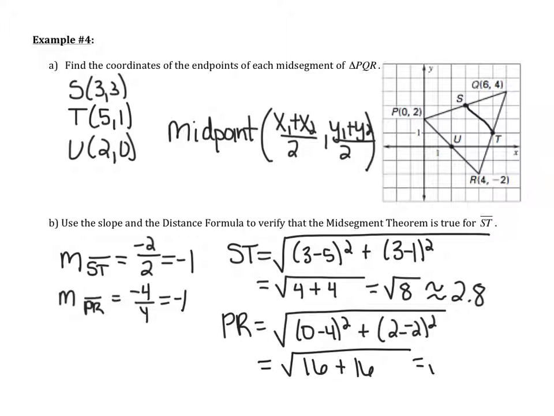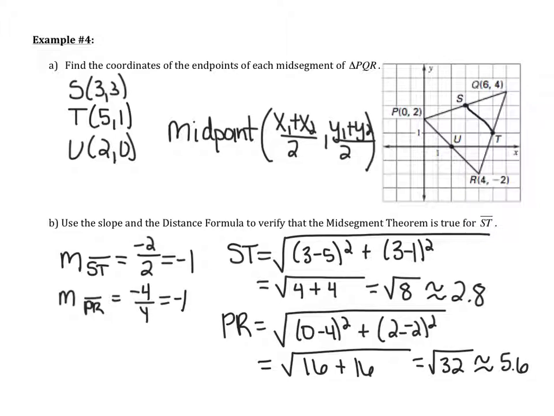So 16 plus 16 is 32, and we'll get a decimal approximation of that. The square root of 32 is about 5.6, and 5.6 is indeed twice the length of 2.8. So therefore I have now proven both parts of the midsegment theorem, first showing that the midsegment is indeed parallel to the third side it isn't touching, and it's also half of the length of that third side that it isn't touching.